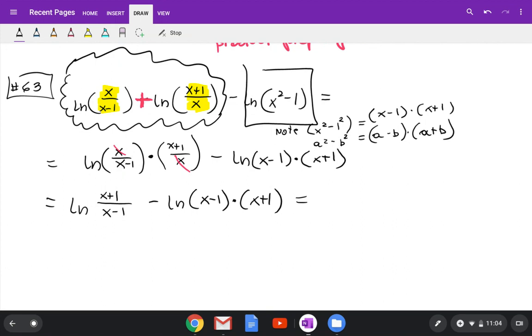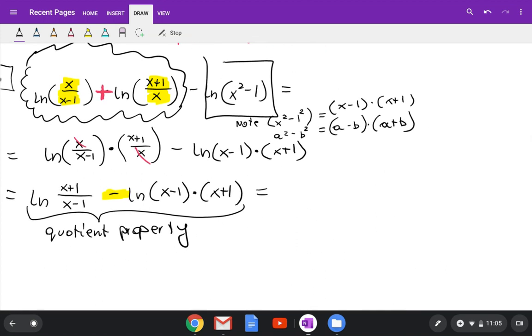So now you have a difference of two logs. A difference of two logs is the same as a logarithm of a quotient. So that means you're going to use the quotient property. You can rewrite everything under one ln, and you're going to have a quotient.